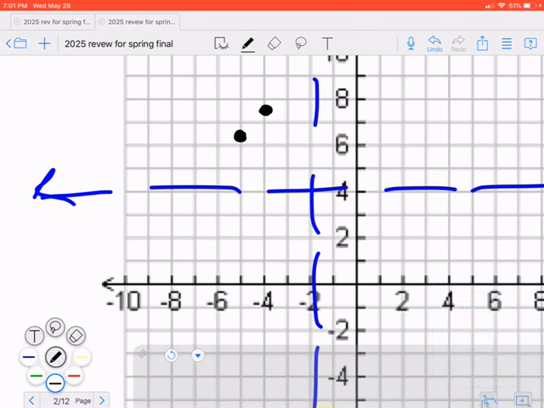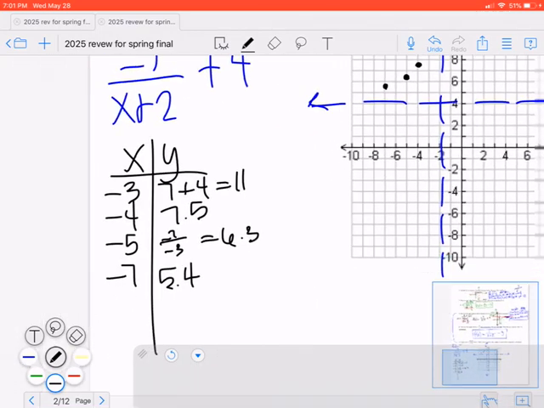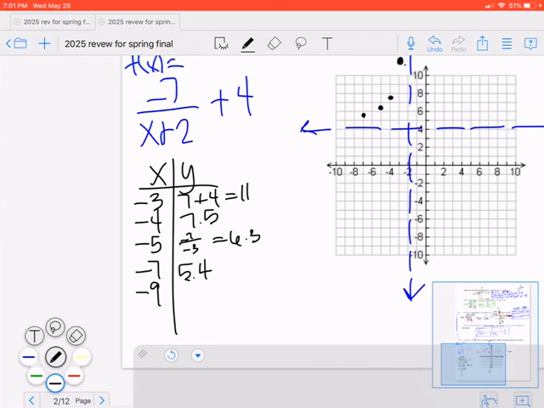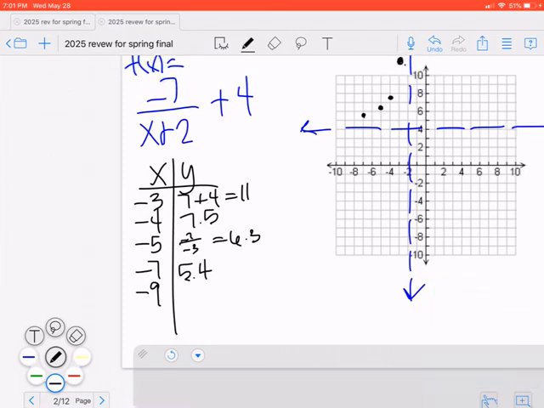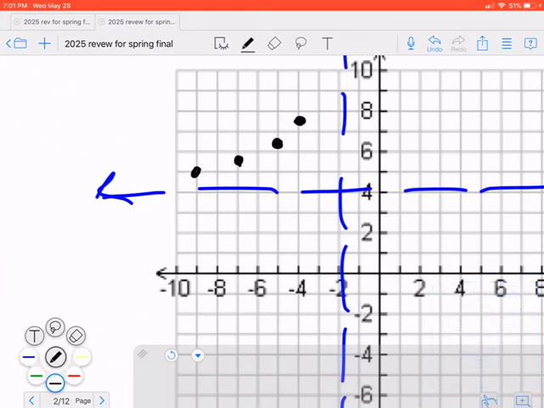Negative 7, 5.4, and I'm going to jump and do maybe negative 9. I just want to get within 1 unit of that asymptote. Negative 9 plus 2 is negative 7. Negative 7 over negative 7 is 1. 1 plus 4 is 5. Negative 9, positive 5.